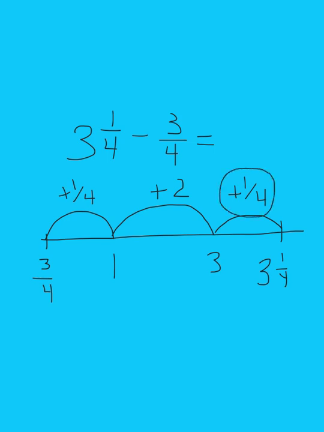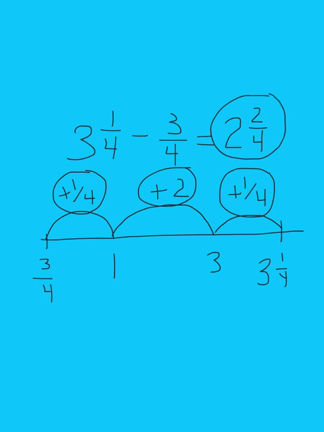Then we're going to combine like things. So we have 2 wholes, and then we have a 1/4 plus a 1/4, which is 2 wholes and 2/4. So the answer to our problem is 2 2/4.